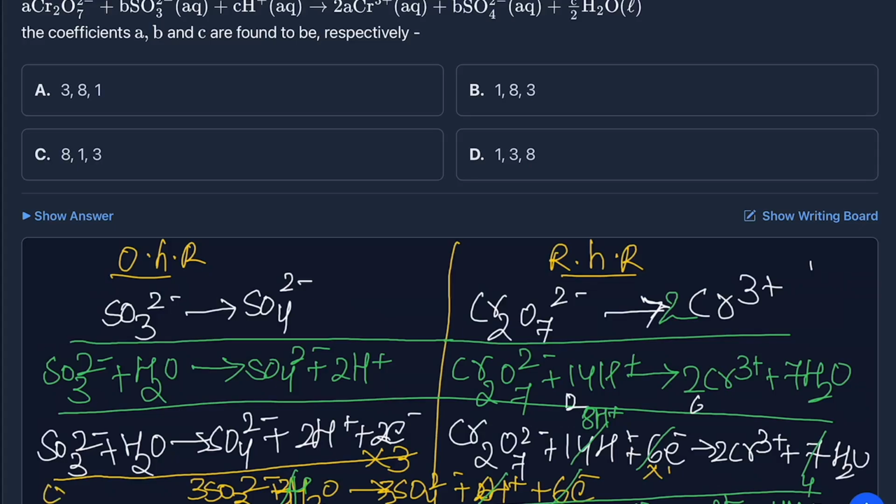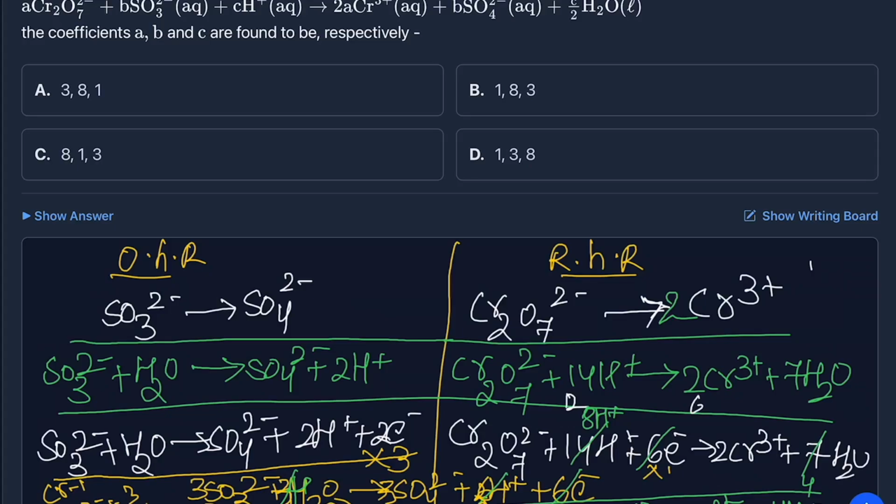SO3 2-. Chromium is 1 mole and SO3 2- is 3 moles. And next, hydrogens. How many hydrogens are there here? 8 hydrogens.